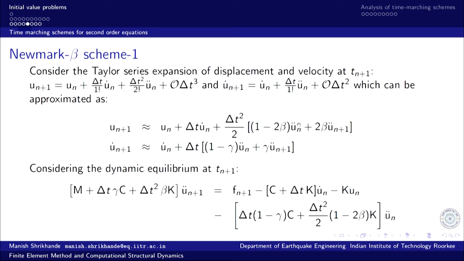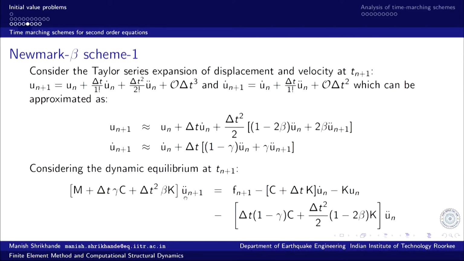So, a linear combination of them, and then we impose the equilibrium at the n plus 1th time instant and collect the unknown terms. The acceleration at the n plus 1th time instant is the only unknown; the rest of the things on the left hand side are all known quantities at the nth time instant.